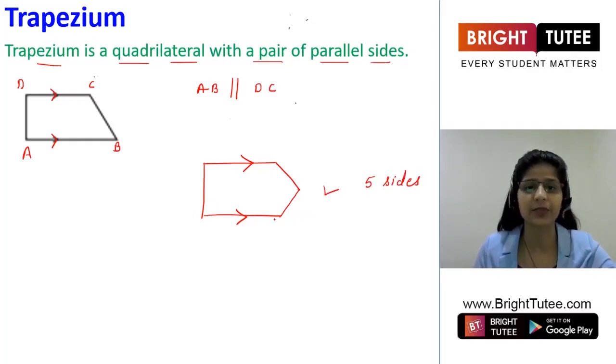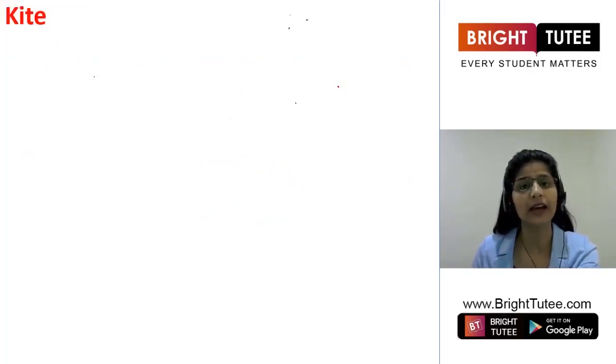Yes, it satisfies the property that it has one pair of parallel lines, but it is not a quadrilateral. It is a pentagon having 5 sides. So not just looking at one property that it has one pair of parallel lines, we need to take into consideration two things. One is a pair of parallel lines, another it should be a quadrilateral only. That means a polygon with 4 sides. Clear?